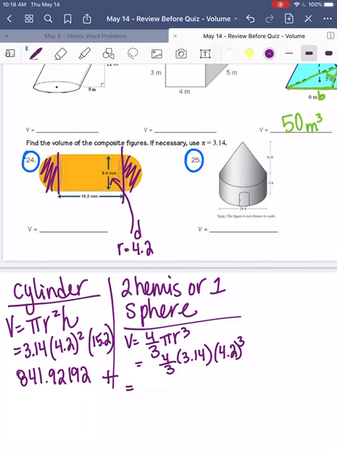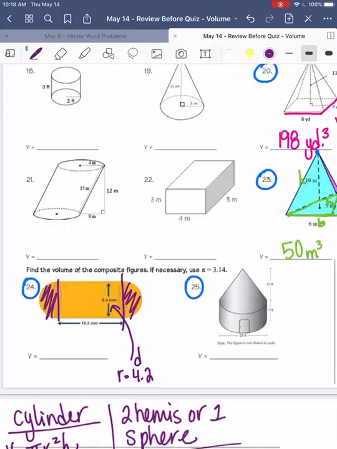And then I divided it by 3, which gives me this, and now I'm going to add that to the other one. And then we get, I'm just rounding. I didn't really care about the rounding, so that's your final answer.